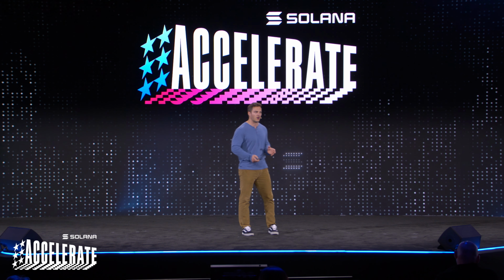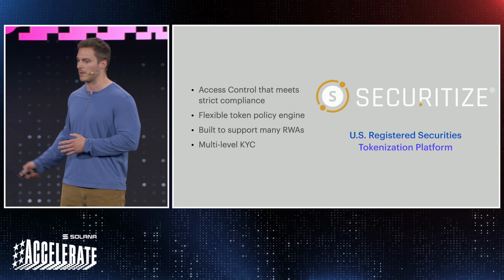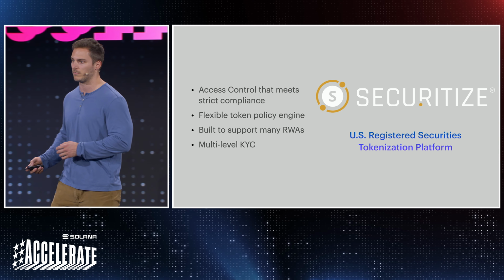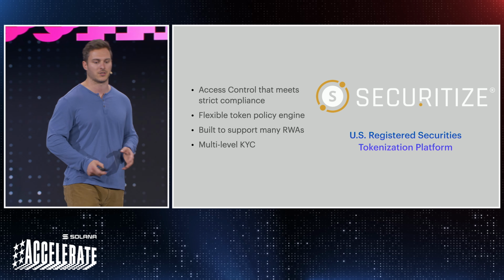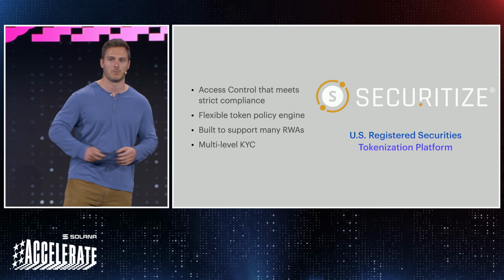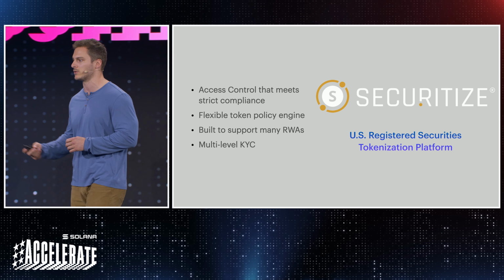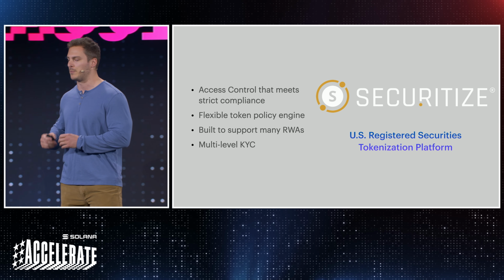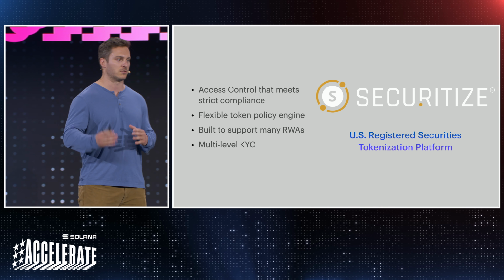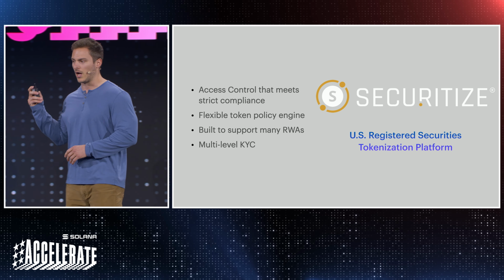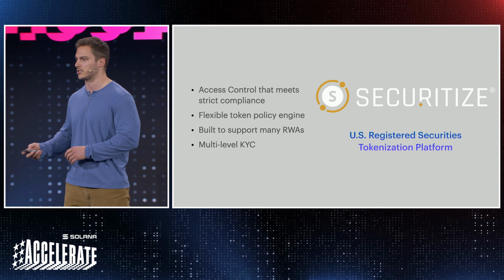So I want to highlight a couple other teams that have built compliant products on-chain, Securitize being one of them. They have very robust access control to meet their strict compliance standards. They also use a flexible token policy engine to enforce certain transfer restrictions, built to support many real-world assets and multiple levels of KYC. And they are a US-registered securities tokenization platform.